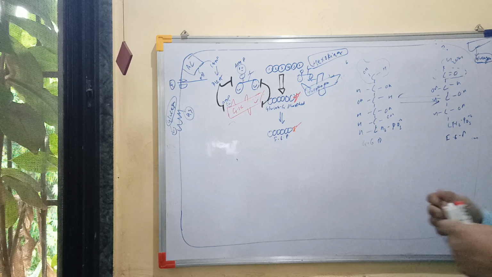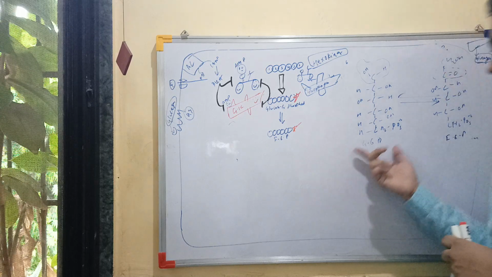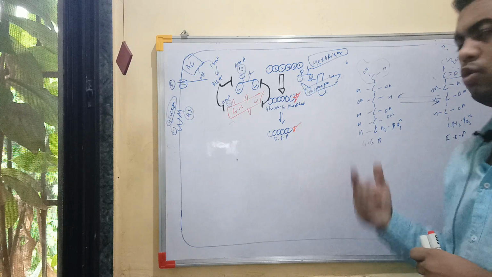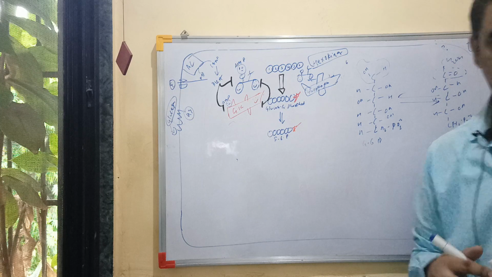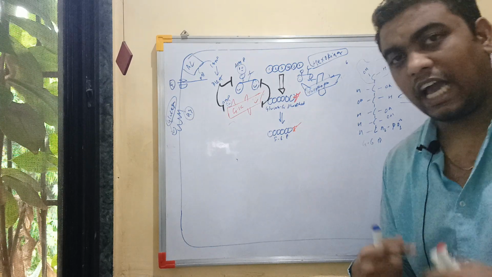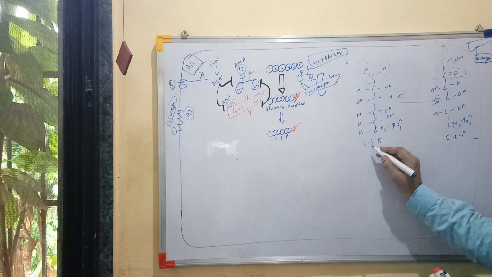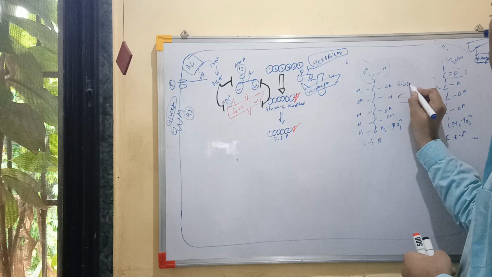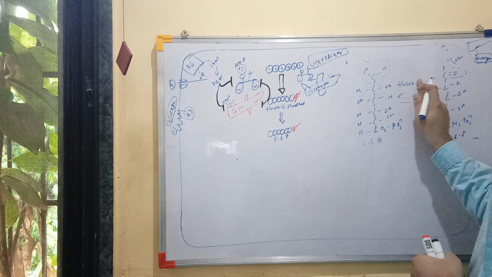If a huge amount of glucose 6-phosphate is there, it will convert into fructose 6-phosphate. If fructose 6-phosphate is more, then it will convert into glucose 6-phosphate. And the enzyme is doing isomerization, so the enzyme has to be an isomerase.